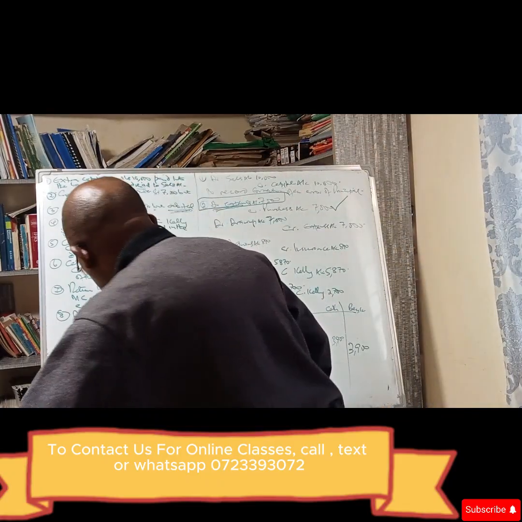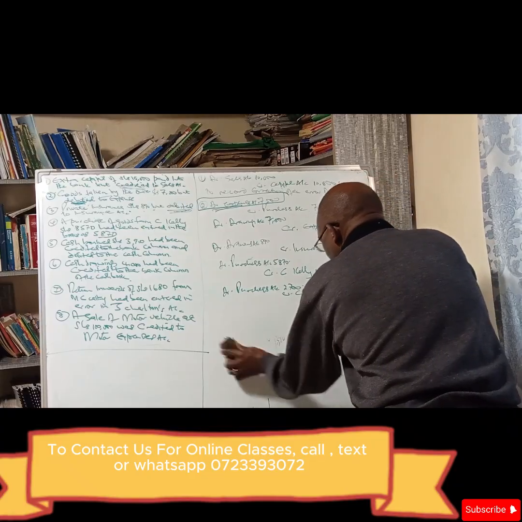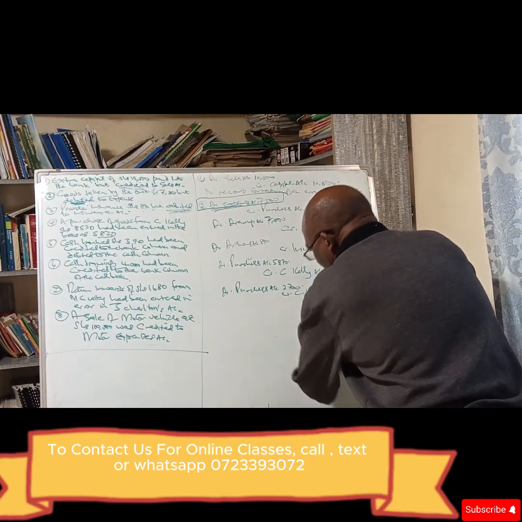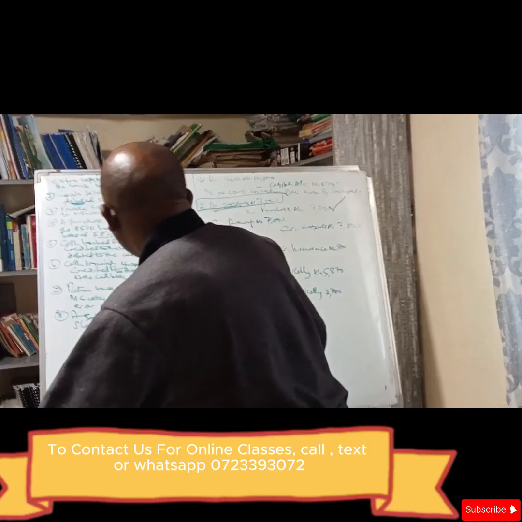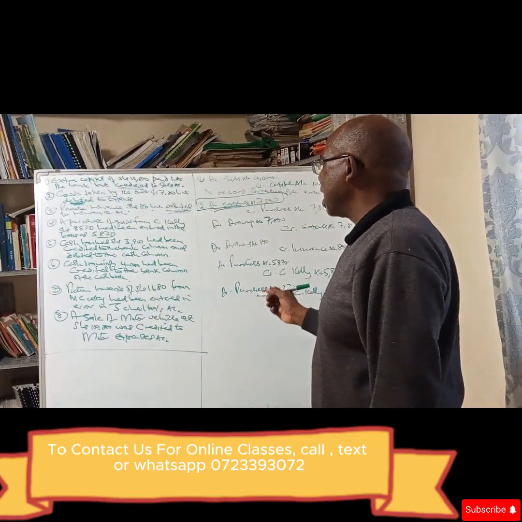Let's see how to do it in terms of the double entry, in terms of journals. The cash banked, that 900, had been credited to bank.